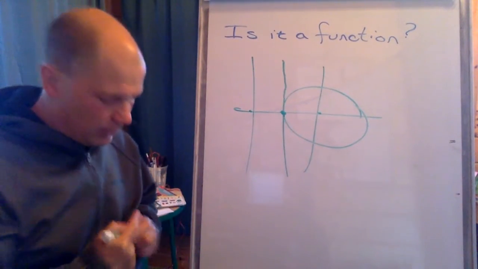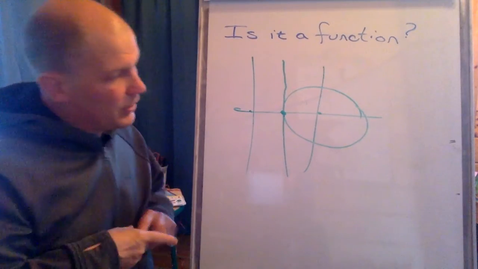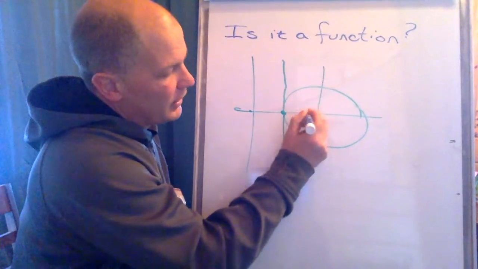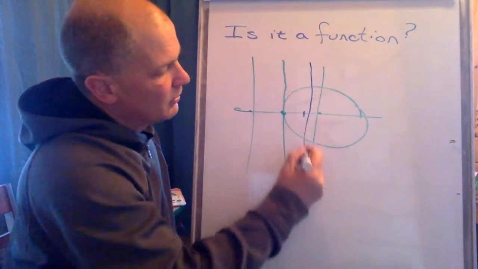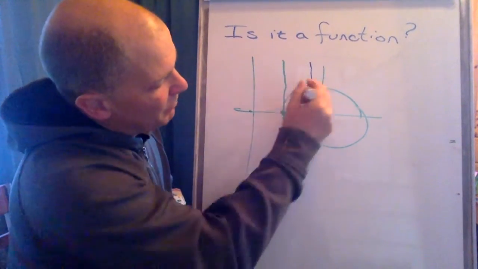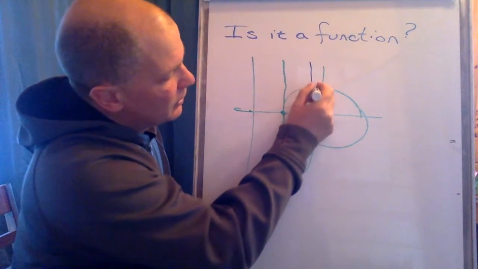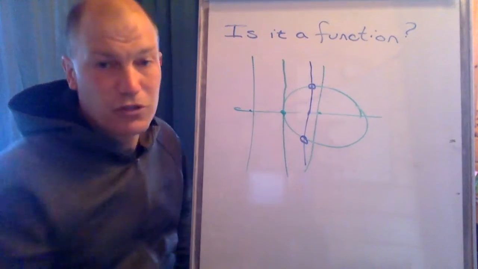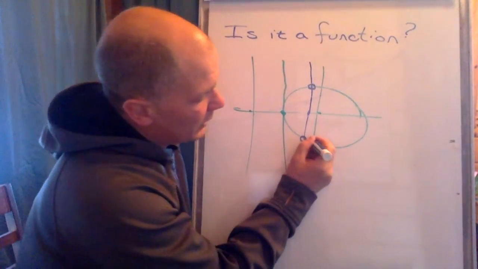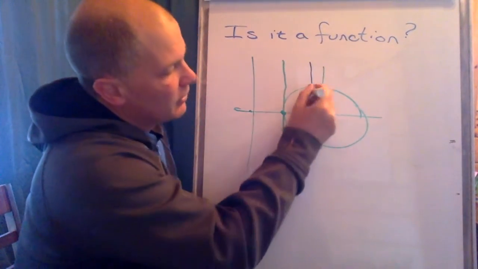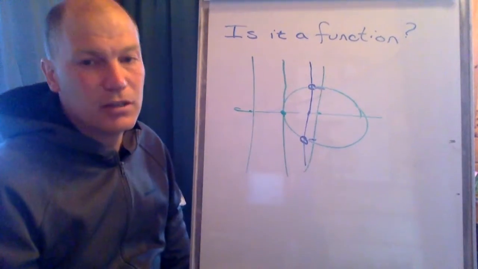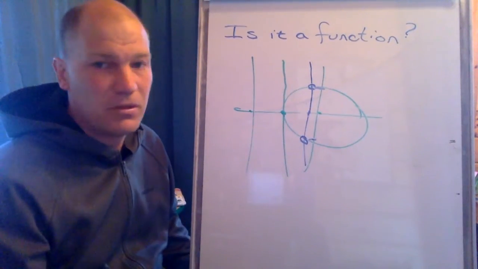However, if I pick a point right here, whoops, I missed it. If I pick that point right here, there are two possible answers. One answer is this one down here, and one answer would be that one up there. And if there's two answers, not a function.